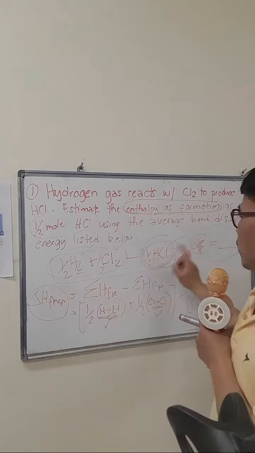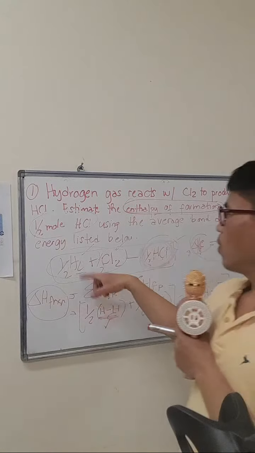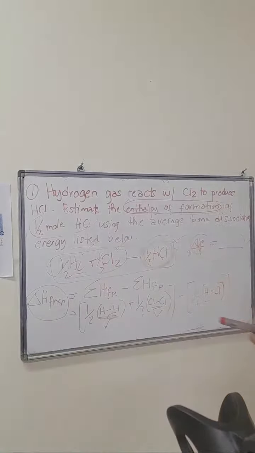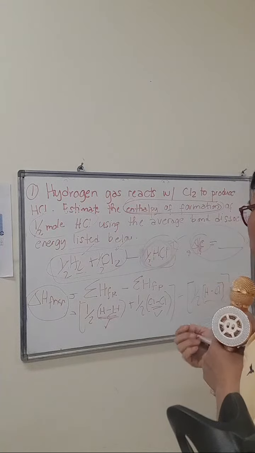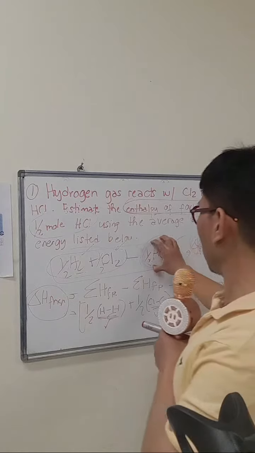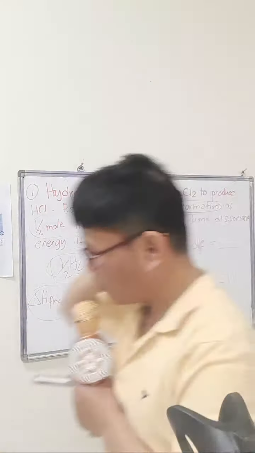And then if you put this 1/2, this will also become 1/2 in the total of the reactant. So it will be balanced. So 1/2 H and 1/2 chlorine. You also split the HCl.